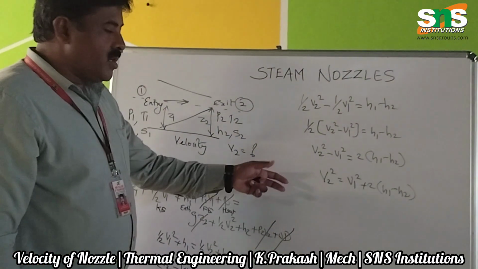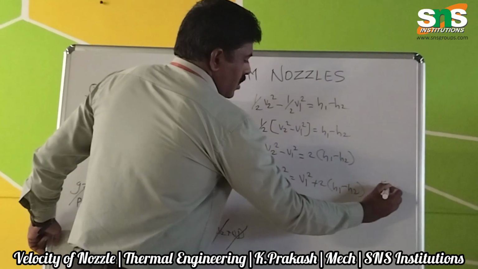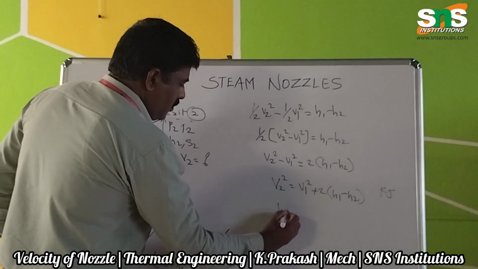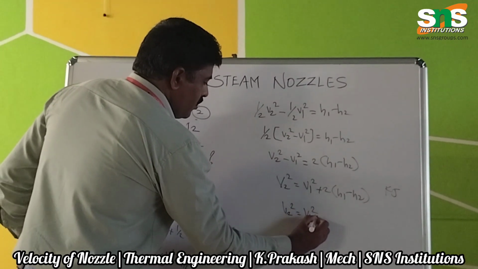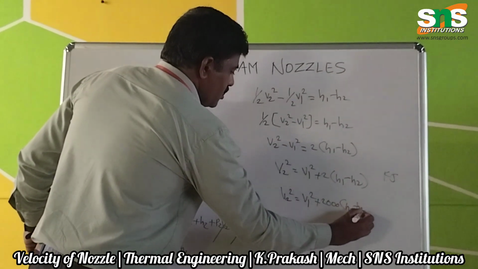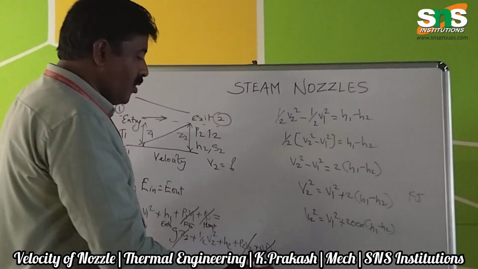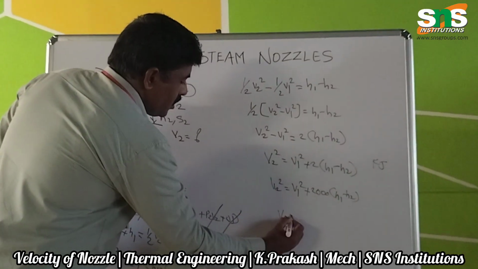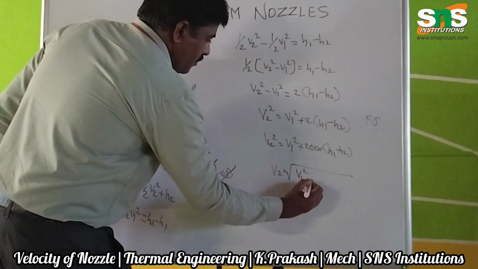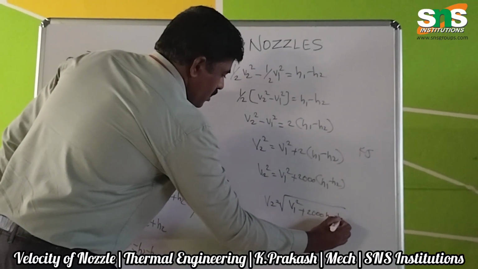As we need the enthalpy in kilojoules, we multiply by 1000, therefore V2 square is equal to V1 square plus 2000 into H1 minus H2. Now we take the root, therefore V2 is equal to root of V1 square plus 2000 into H1 minus H2.